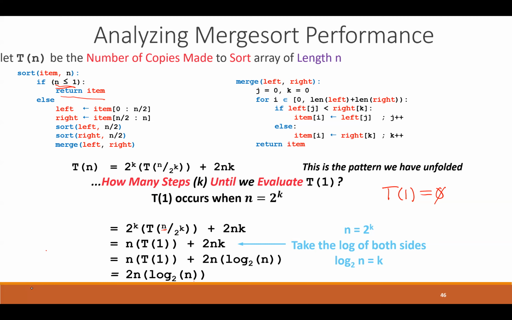I assumed the pattern ended after k steps, which allowed me to put values to all of these, and then I could solve for k because I know where my recursion ends. Once I solve for k, then I simply complete this, and now I have a guess at my closed form for t of n. All right, so then the next step is, as we've done before, we're going to verify by induction. Questions so far?